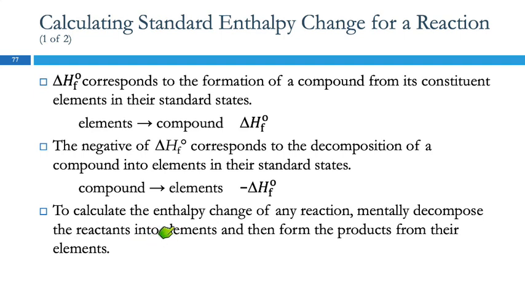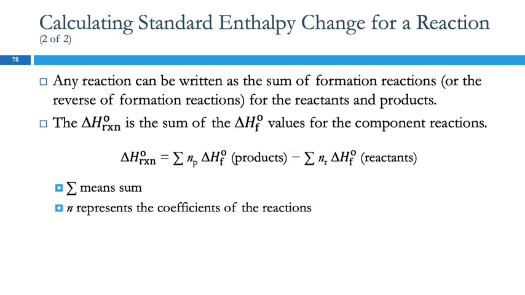We can think of this as taking the reactants and decomposing them into their elements, which is 0, and then the products we're assembling out of those. So we're going to have negative heats of formation for the reactants and positive ones for the products, and we're just going to add them all up, because any reaction can be written as the sum of the formation reactions, or the reverse of them.